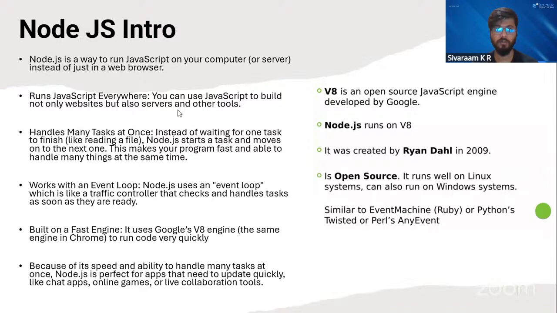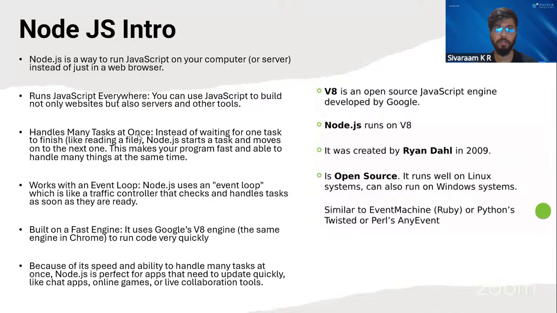The second key point is that it handles many tasks at once. Node.js has something called asynchronous JavaScript. We'll go through what asynchronous JavaScript is later in the slides. As of now, just know that you can run your JavaScript anywhere, and it can handle many tasks at once.